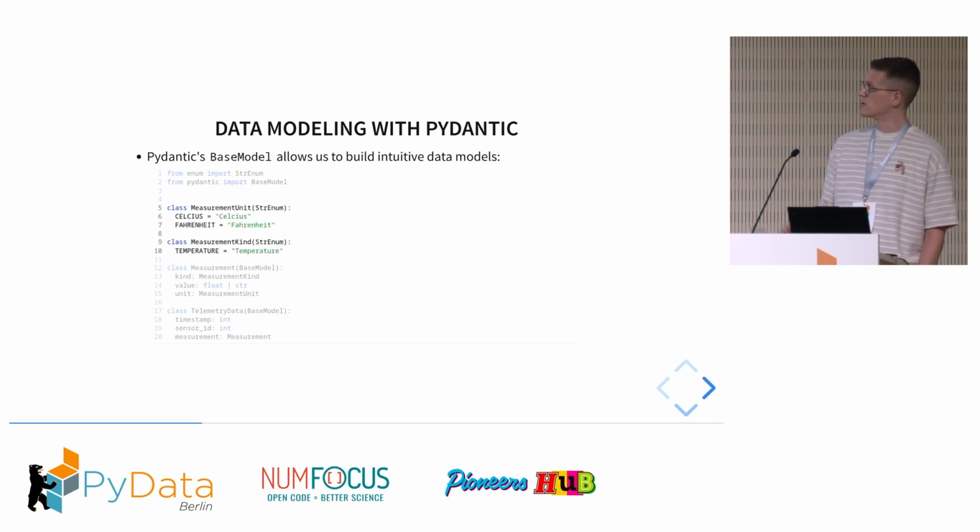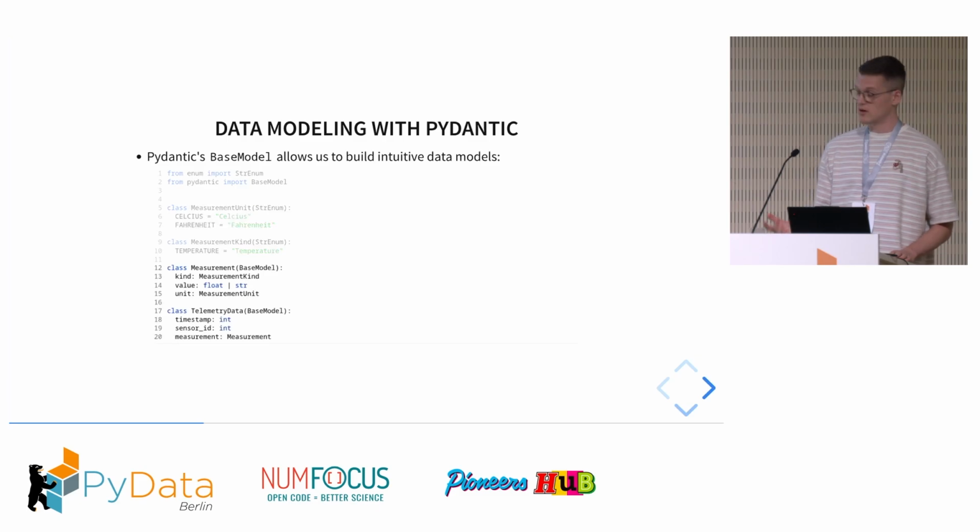Then we define some enums that are basically literals in our system now. And then we define these classes that have the names of these variables and the data types of them, in order for us to do the parsing and validation out of the box. This is kind of what Pydantic gives us, at least for JSON data.